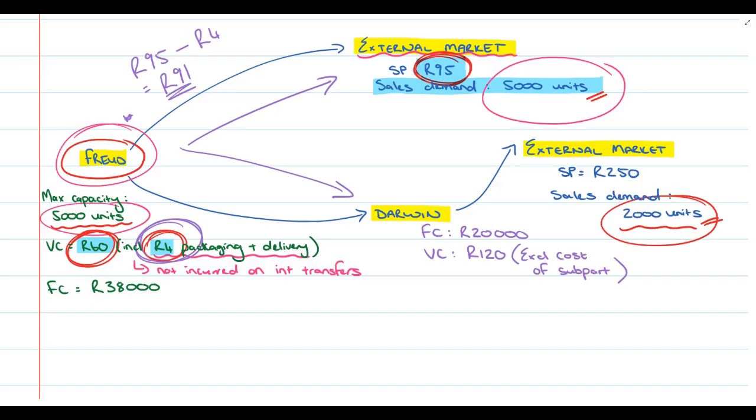And the reason why we deduct the 4 Rand is obviously they only incur the cost of 4 Rand per unit on external sales. So the external selling price must be higher in order to cover the 4 Rand per unit. On internal sales, they don't incur that cost of 4 Rand per unit.